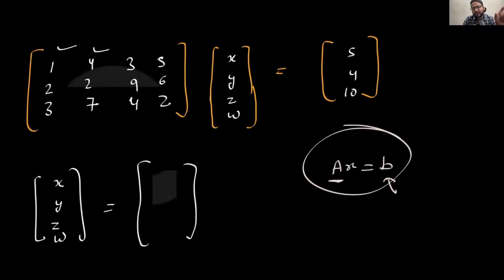Suppose they give you this matrix, this vector, and then they ask what you should be filling in place of x, y, z, w. Okay, let's just have an exercise. If I give you a hint that from the summation of these two you are getting this thing, then what will you answer? Let me know your answer.